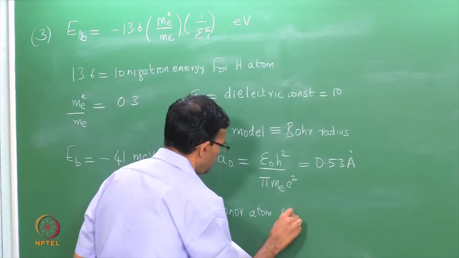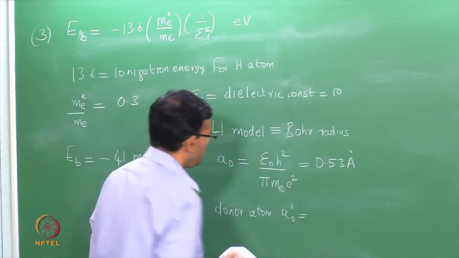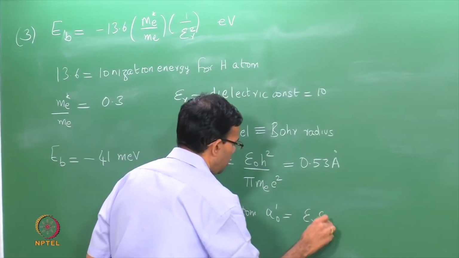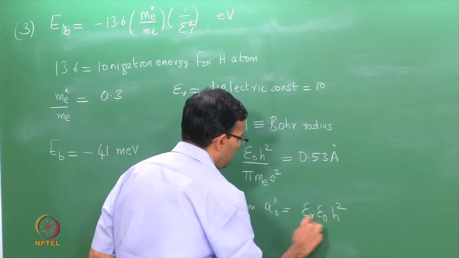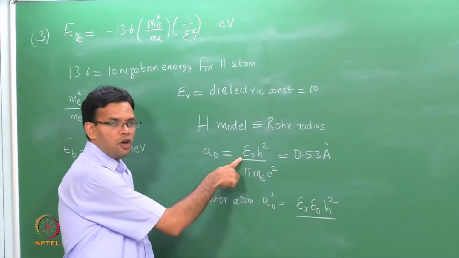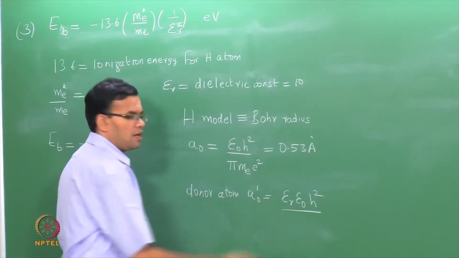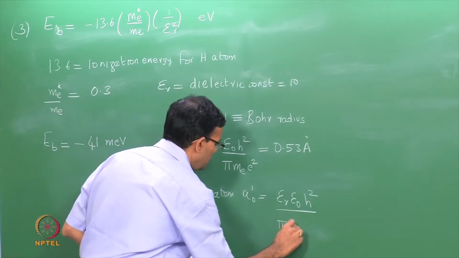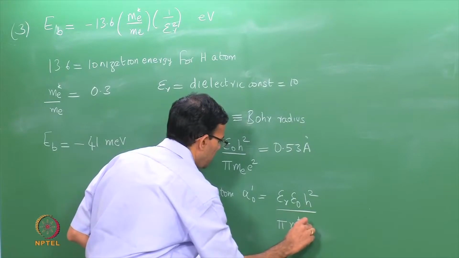The Bohr radius, I am going to call it a0 prime, is nothing but epsilon r epsilon naught h squared over pi me star e squared. So, we replace epsilon naught by epsilon r times epsilon naught, and me is replaced by me star.